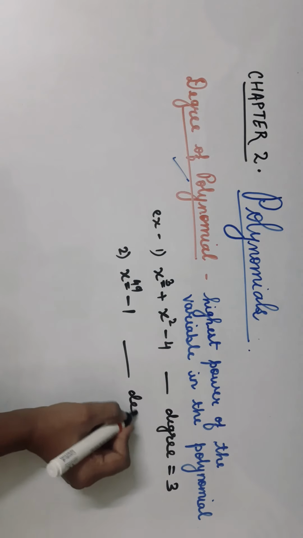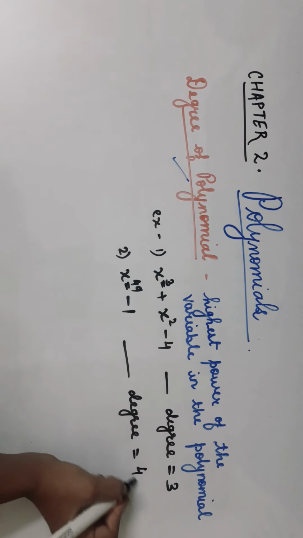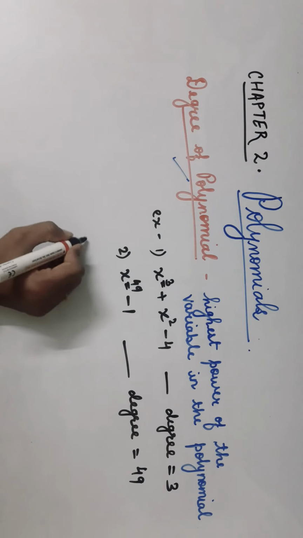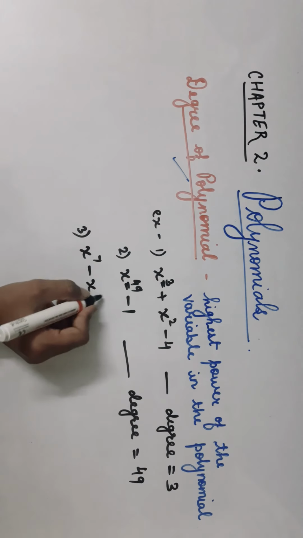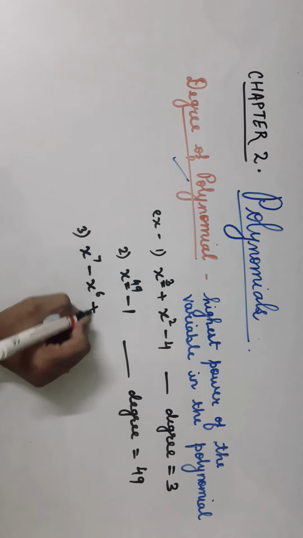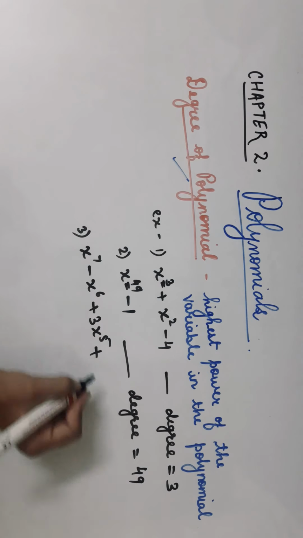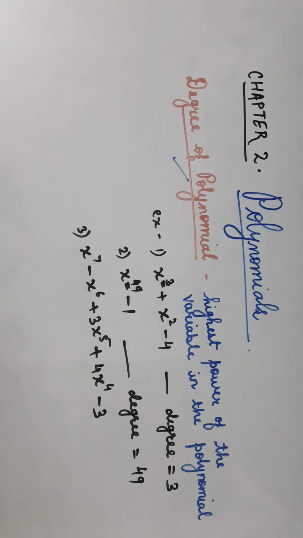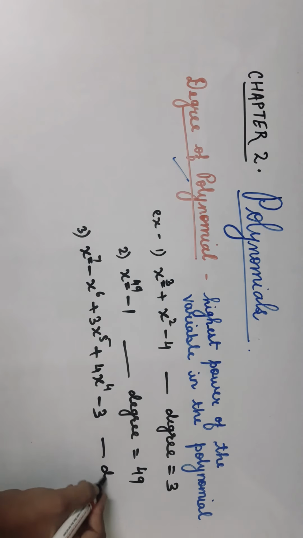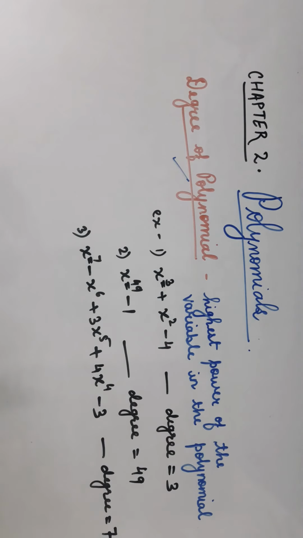So degree of this polynomial is 49. Similarly, third example, x raised to 7 minus x raised to 6 plus 3x raised to 5 plus 4x raised to 4 minus 3. Now in this polynomial, which is the highest power of x? 7. So degree of this polynomial is 7. So in this way we can find degree of a polynomial.